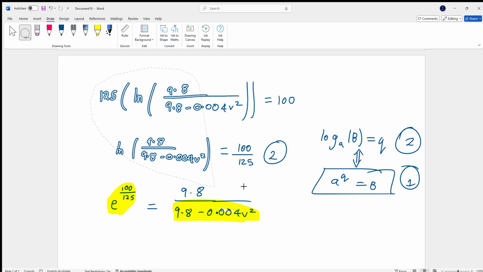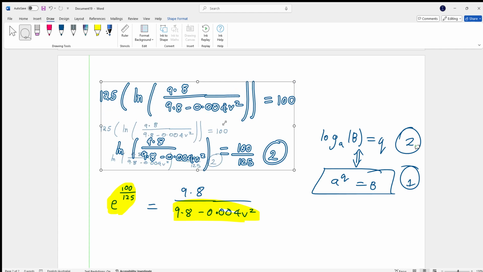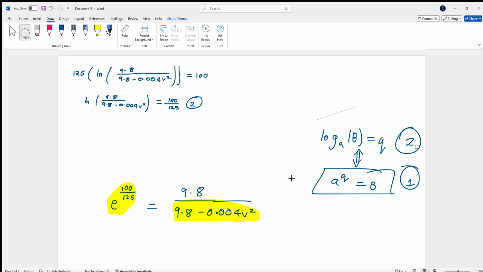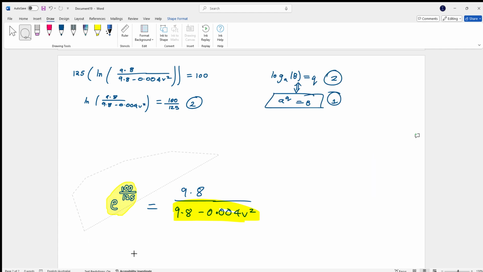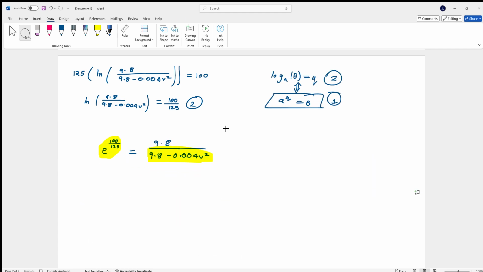We are going to condense this. I'm not going to rub it out because who knows, I might have made a mistake here. I like doing these all in one take so you can realistically see how you would do it as well. This would probably be a bit faster because I am explaining each step as well. So here, 9.8 minus 0.004 v squared equals 9.8 over e to the power of 100 over 125.